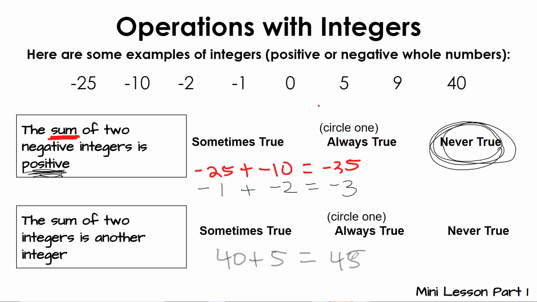Yeah, that's another integer. What if I took -25 plus +5? What does that give me? Okay, is that another integer? Yeah. Remember, integers are whole numbers. They can be positive, they can be negative. Integers are whole numbers, positive and negative.